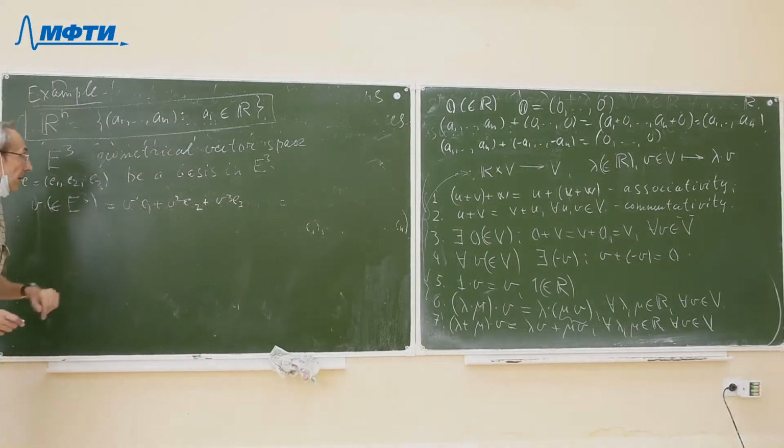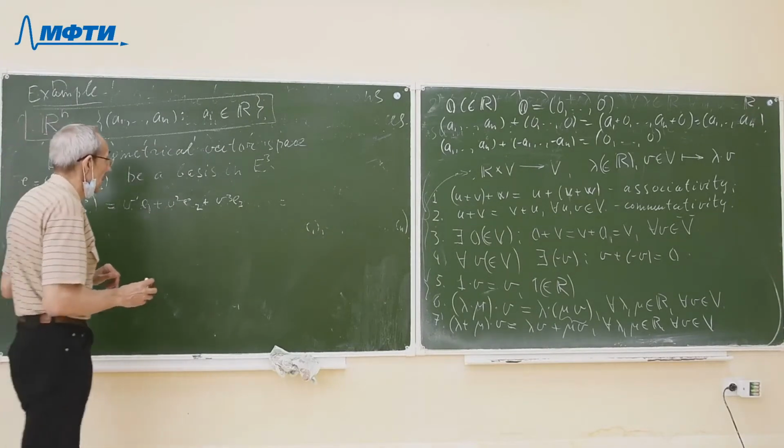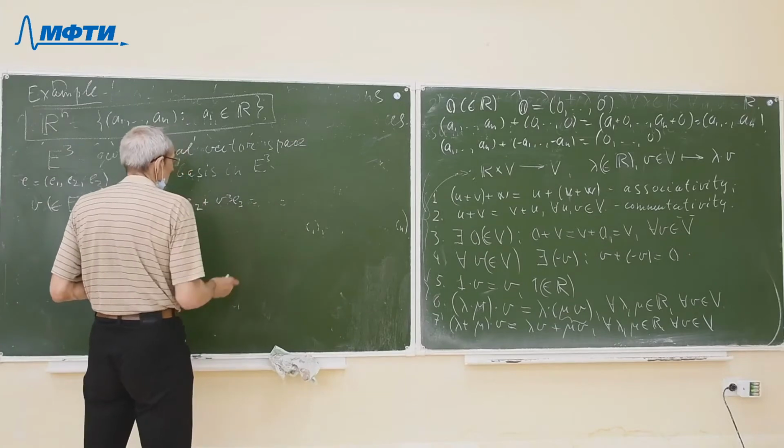And the coefficients of this linear combination are called coordinates.